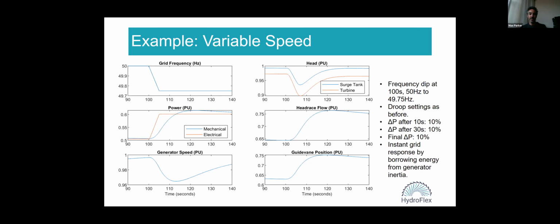When the generator speed goes down, you're then limiting the power output of the hydraulic or hydroelectric system.